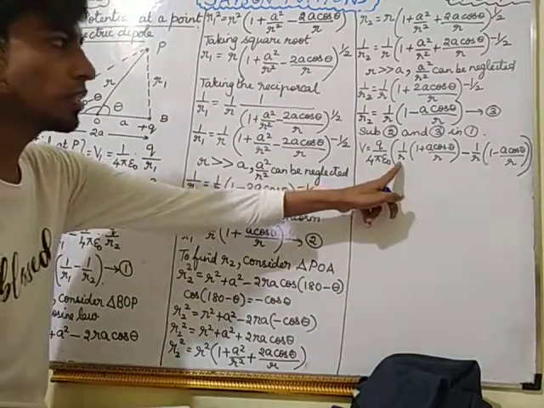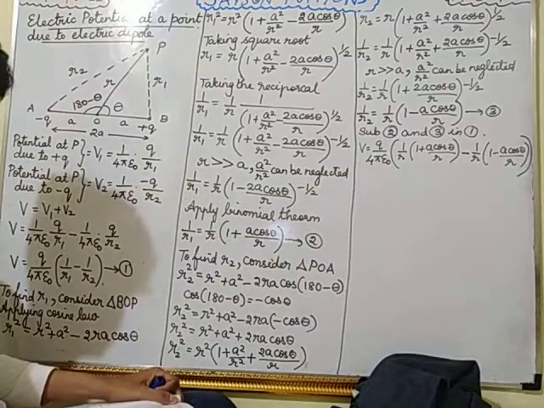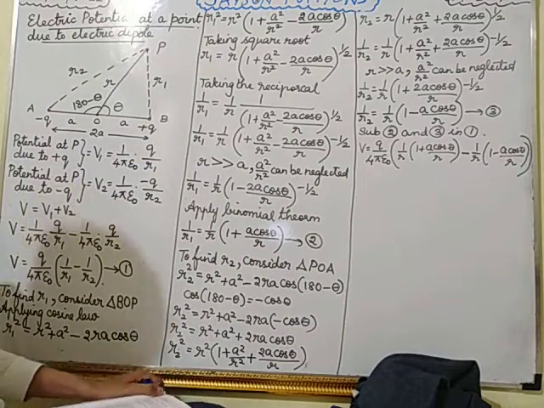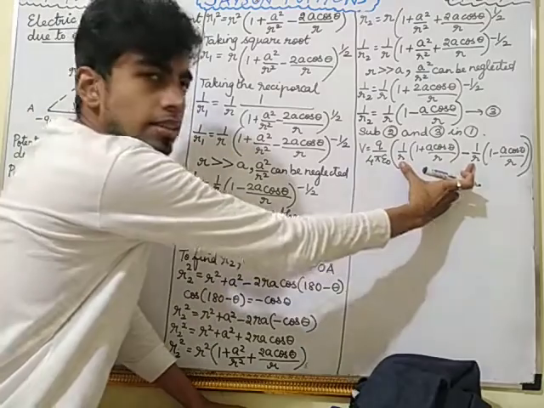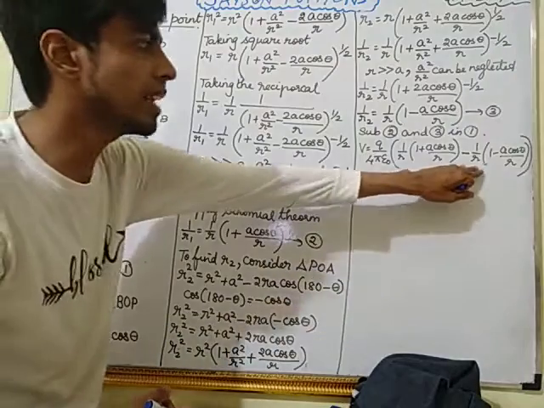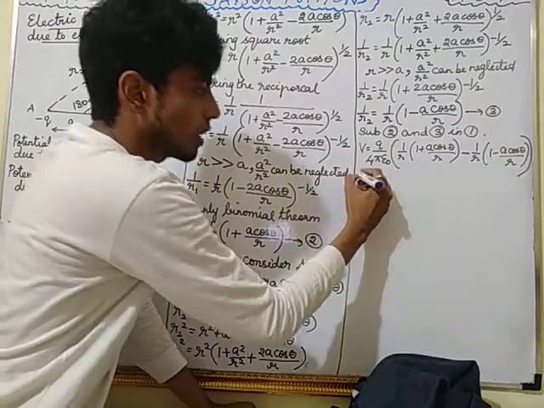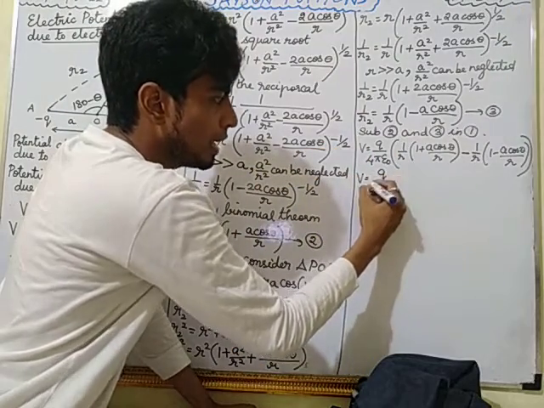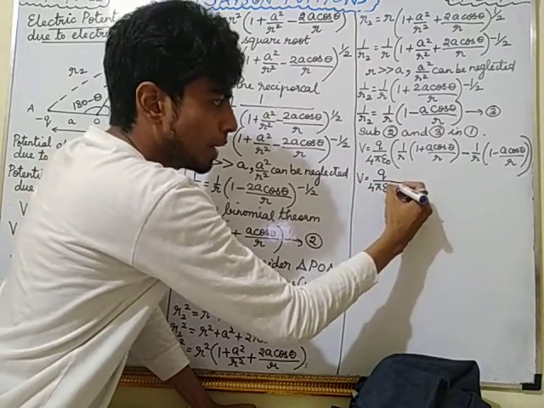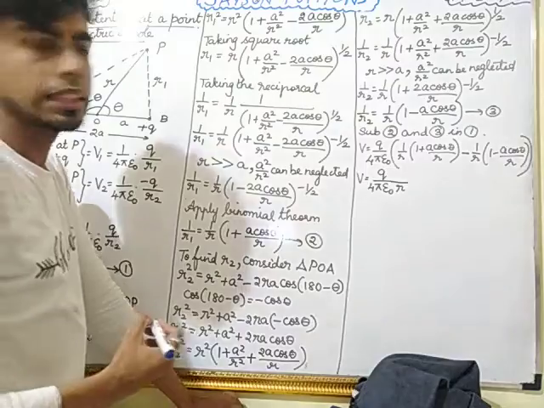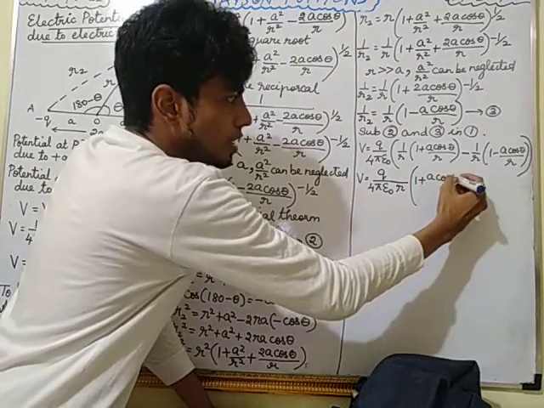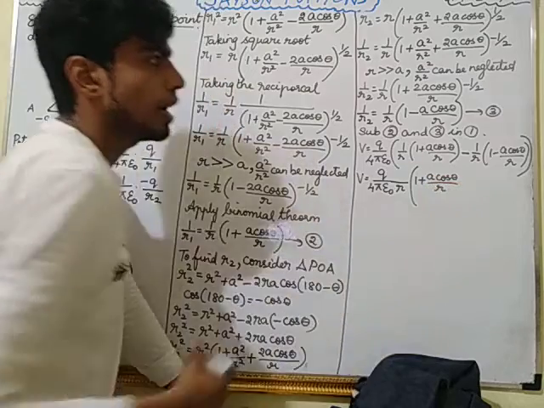Okay. So this 1 by r I can multiply inside. Yes or no? Otherwise, 1 by r is common. Okay, 1 by r is common, so I can take it outside. So I will get Q by 4 pi epsilon naught into 1 by r, into the remaining: 1 plus a cos theta divided by r.